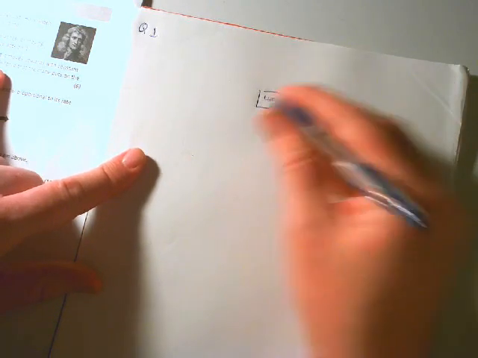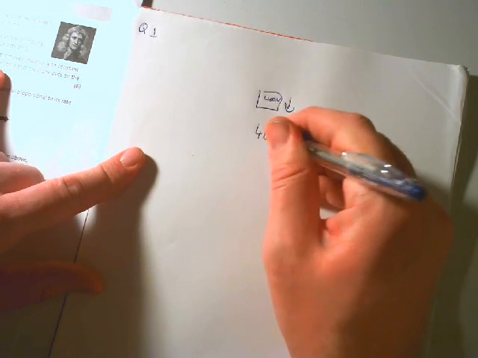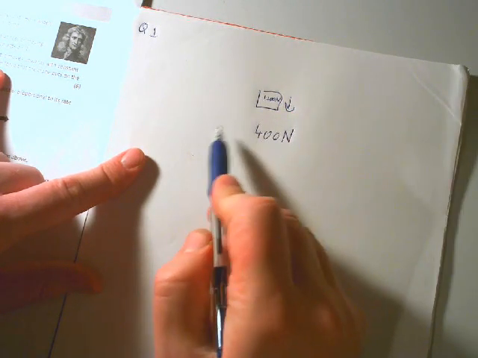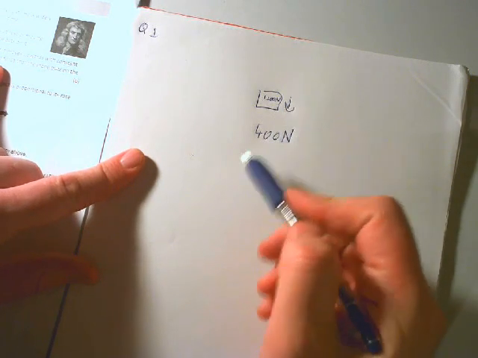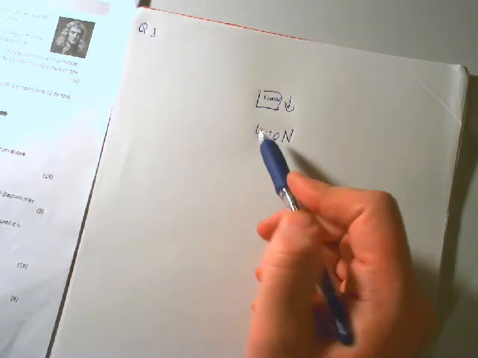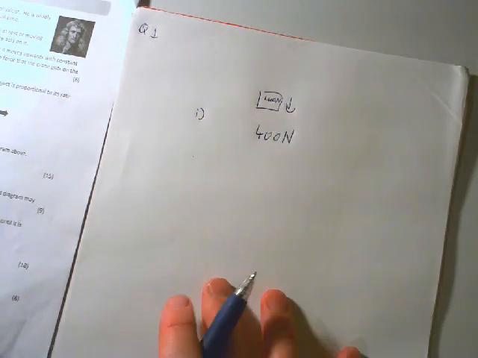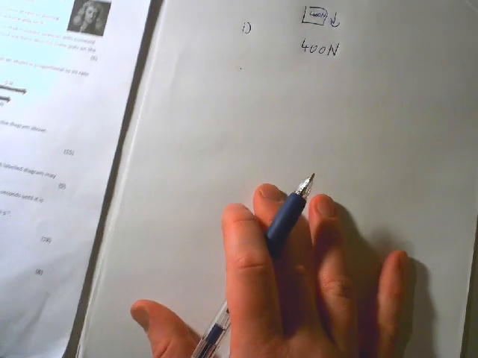That tells us that the forces are balanced, that whatever force is pulling it up is also 400 newtons, because according to Newton's first law, a body will stay at rest until an external force acts upon it, and then it will accelerate. And if the forces are balanced, it will either stay in a state of rest or move at constant speed. So for that one, the number they were looking for is 400 newtons, because the block is moving upwards, I beg your pardon, at a constant speed.